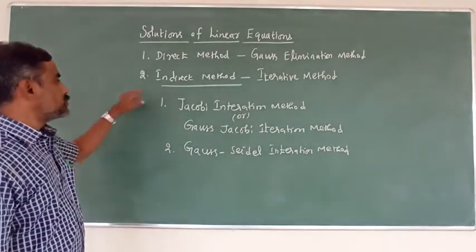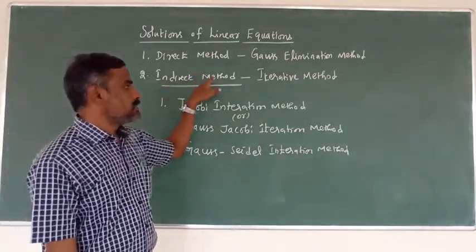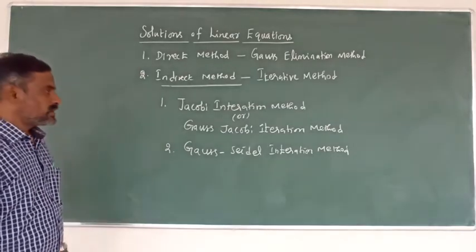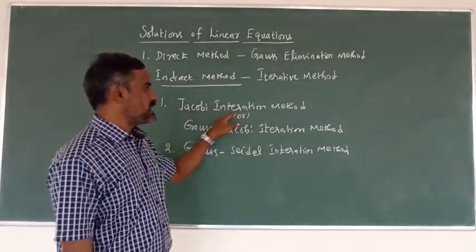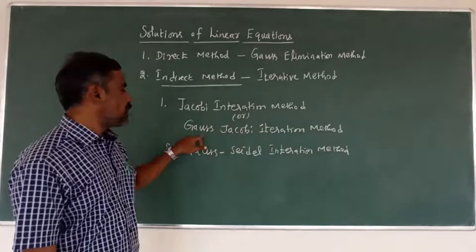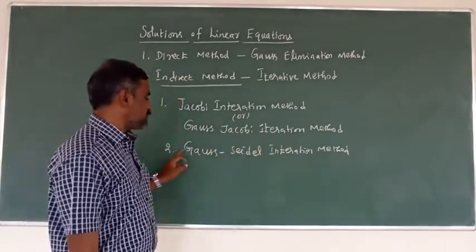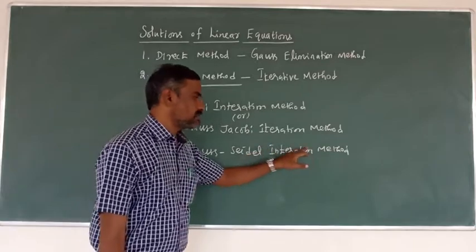There are two types in the iterative method: number one, the Gauss-Jacobi iteration method, and the second one, the Gauss-Seidel iteration method.